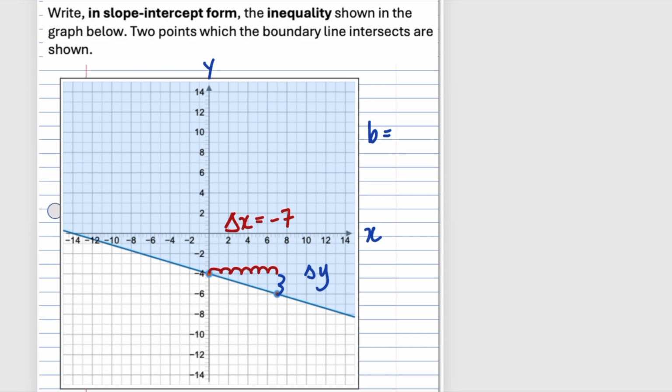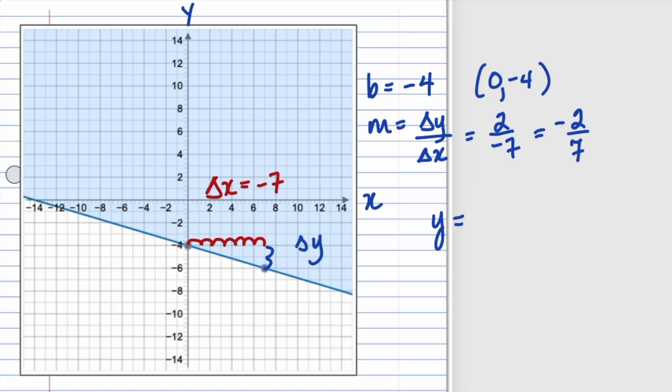The y-intercept is -4. We have the point 0, -4. The slope is change in y over change in x, which is 2 over -7, or -2 over 7. So -2 over 7 x minus 4.